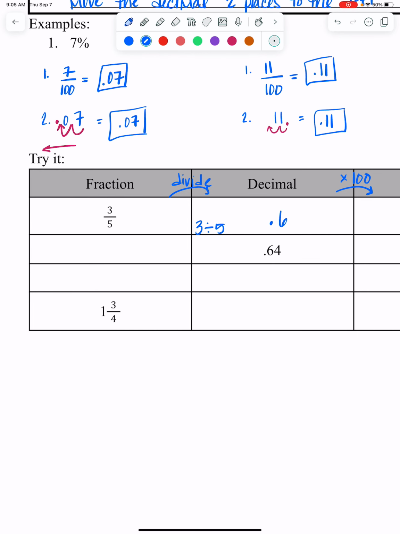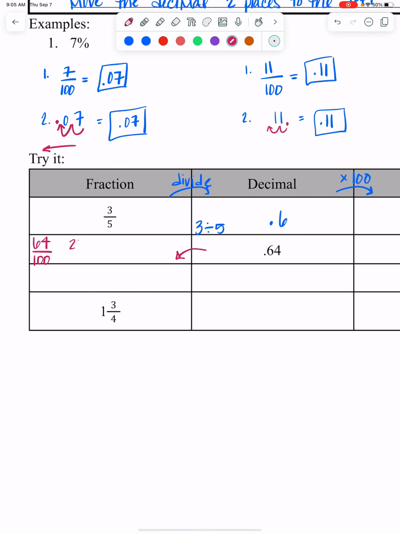To go from a decimal to a fraction, I want to put the 64 over 100 and reduce. I know that I can divide both of those by 2.